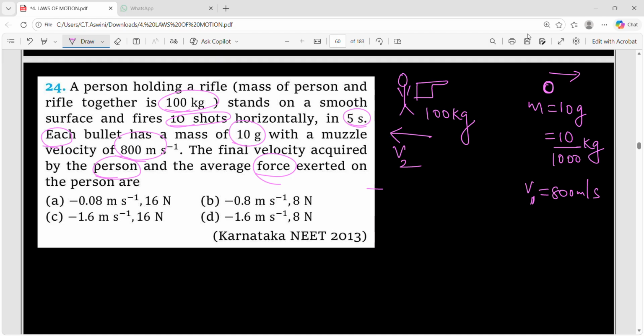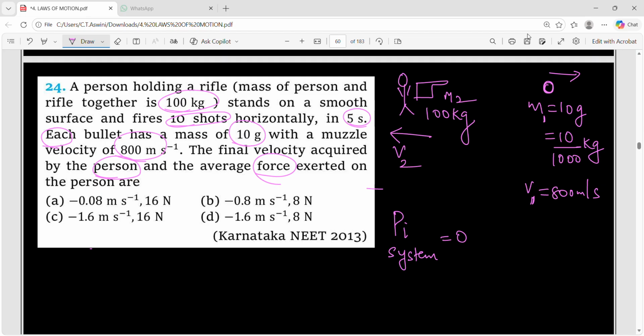So you have to find the jerk velocity v2. So how shall we do this? Let this be m1 and let this mass be m2. So initially the bullet is not fired. So the whole system's initial momentum is 0. That means the person and the bullet together, that's the system.